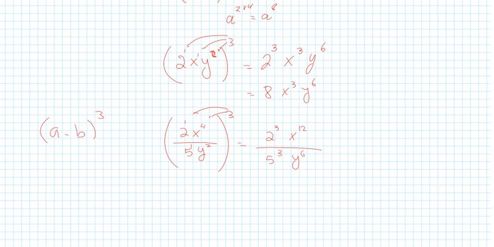This is the same thing as, I don't know if you remember, when you did probably grade 11, right? If you had, let's say, (a minus 2) squared, you had to expand this. To expand this, you had to write it twice, right?